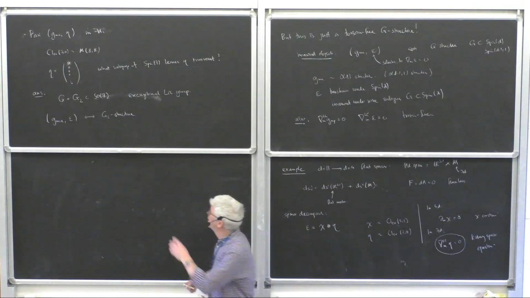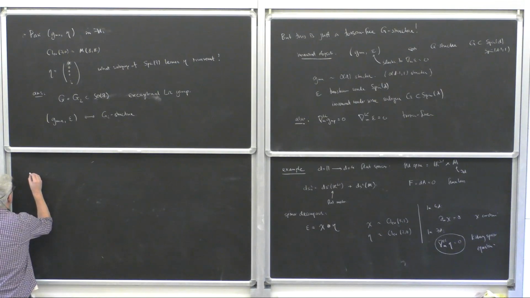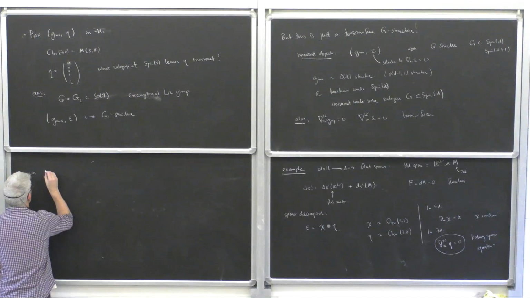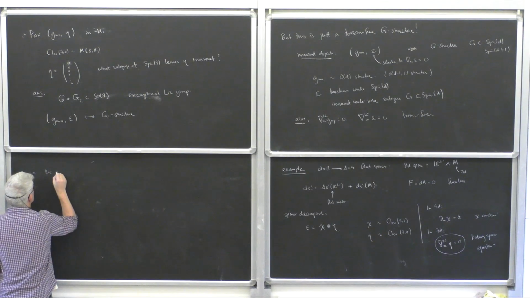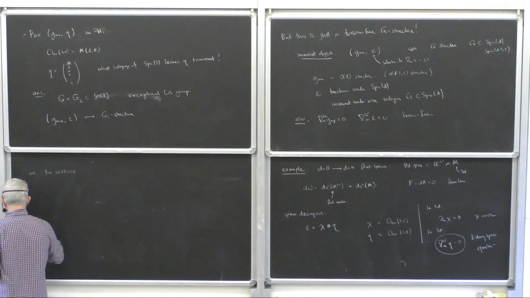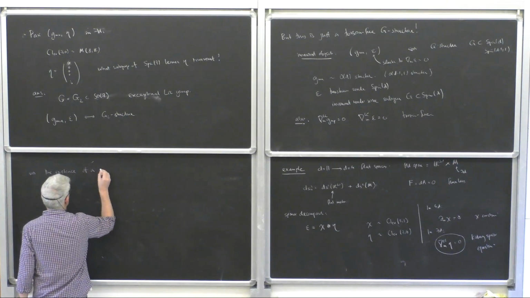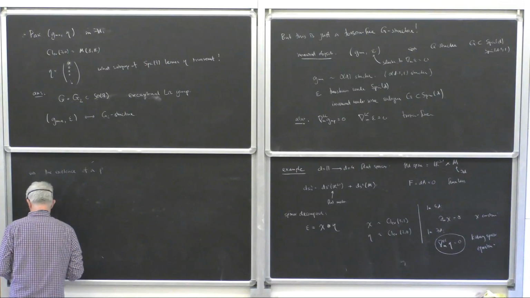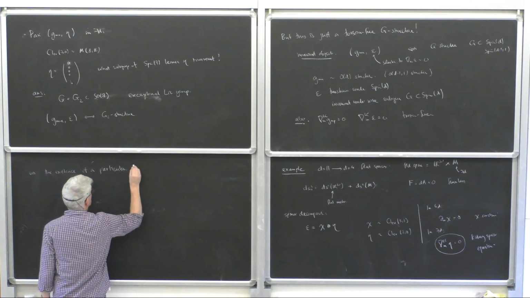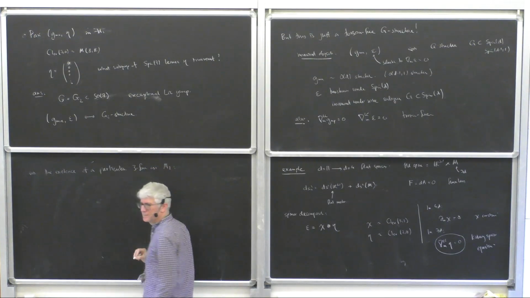But this is a slightly complicated way of defining this structure. So this is actually equivalent to the existence of a particular three form on M7.